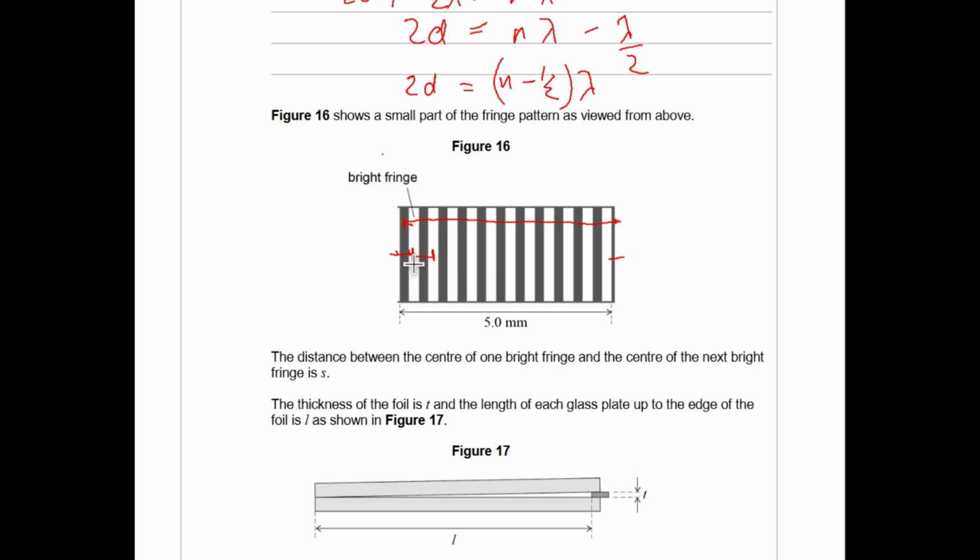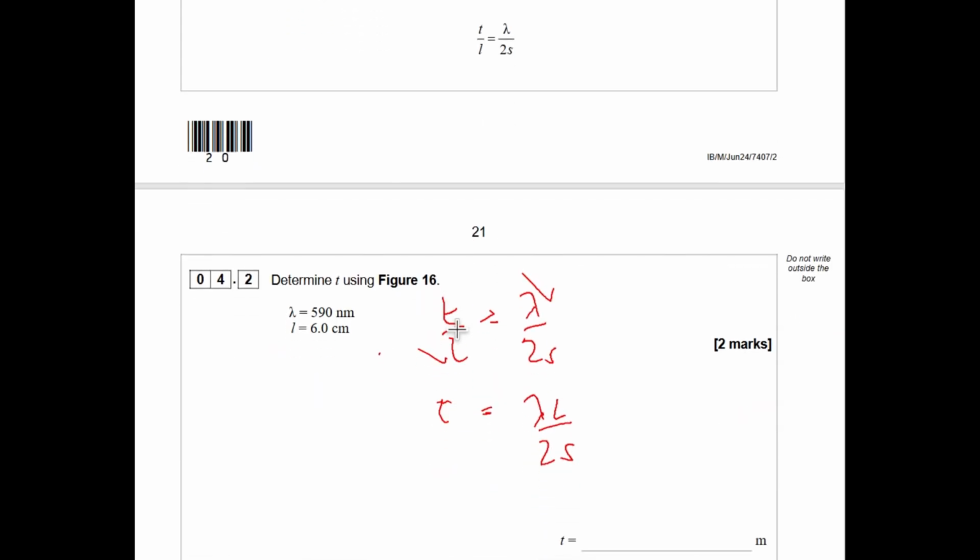So 11 in 5 millimeters, so S is 5 millimeters over 11. Let me put that in my calculator. That gives me 0.454 millimeters. So just got to be careful when I put millimeters into the next bit.